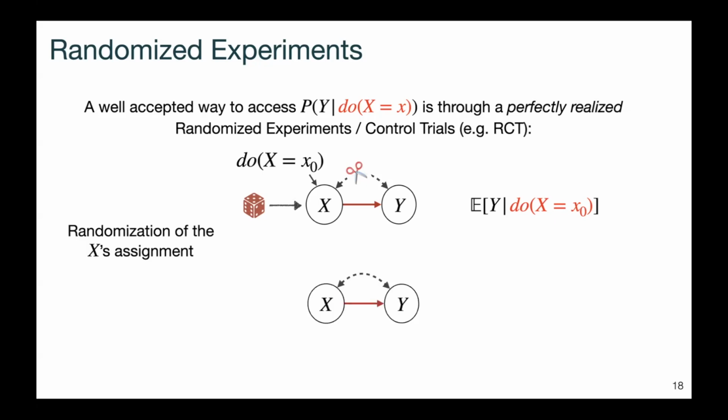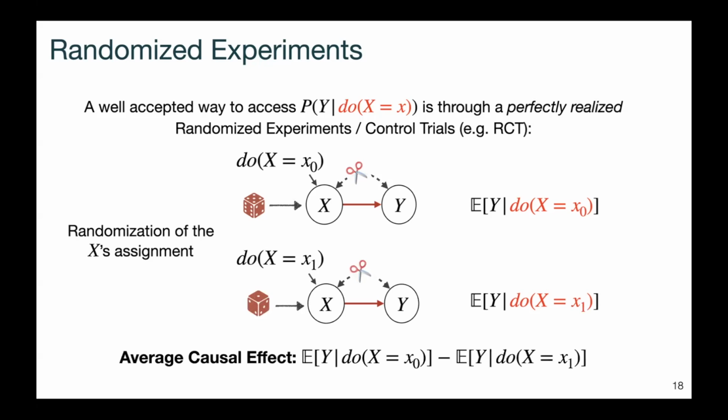In the other group, you can assign another treatment, like a drug. The randomization is going to minimize the effect of the confounding, and if you have data from it, you just get the expectation of this group. And then the average causal effect is just the difference of these groups. So the point here is, if we have a way to minimize this confounding effect, we can just get the difference, and that's the causal effect.